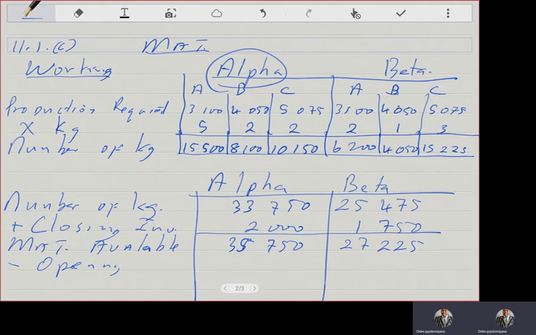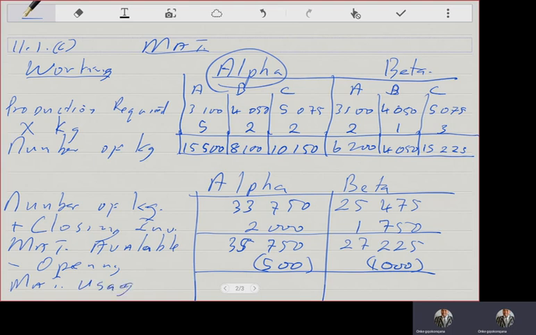Then our opening, we're given this raw material. We were told that it is 501,000. Then that will take us to our material usage.